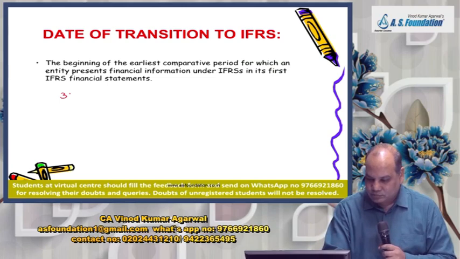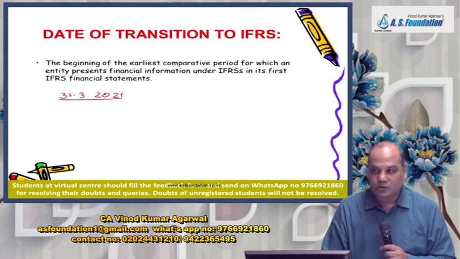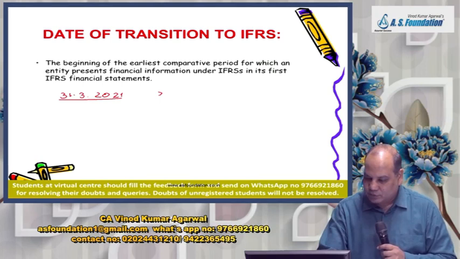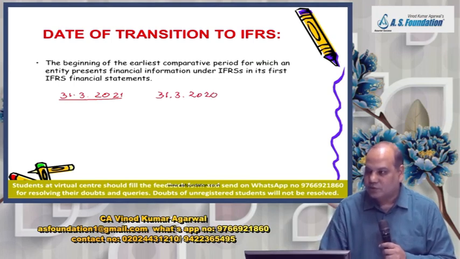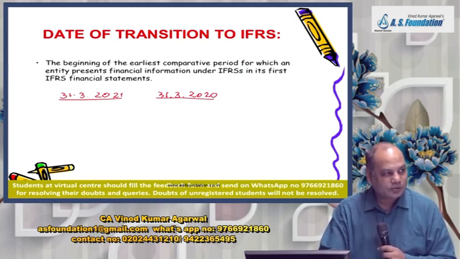Suppose my first IFRS financial statement will end on 31st March 2021. So I have to give a comparative also. Comparative SOFP I have to give. That will be ending on 31st March 2020. But how to prepare this SOFP?